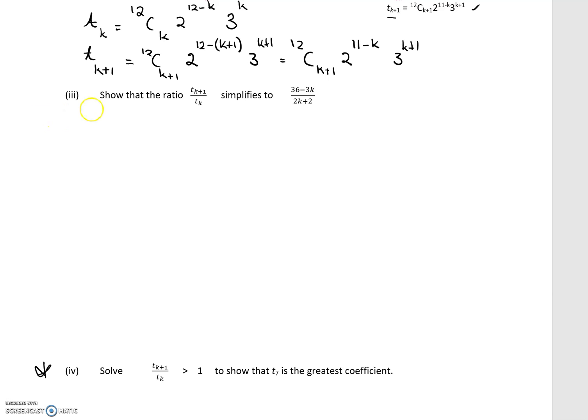So we want the ratio of the bigger coefficient over the one before. So T(k+1) on T(k) becomes 12C(k+1) times 2 to the 11 minus k times 3 to the k plus 1, all over 12Ck times 2 to the 12 minus k times 3 to the k.